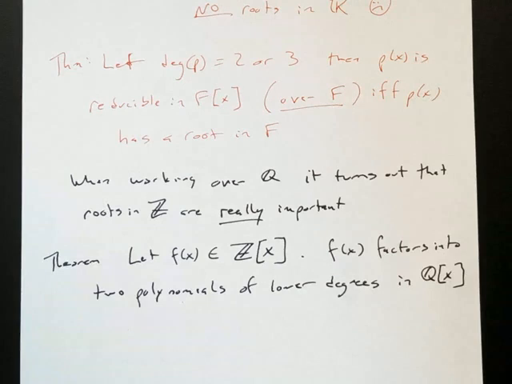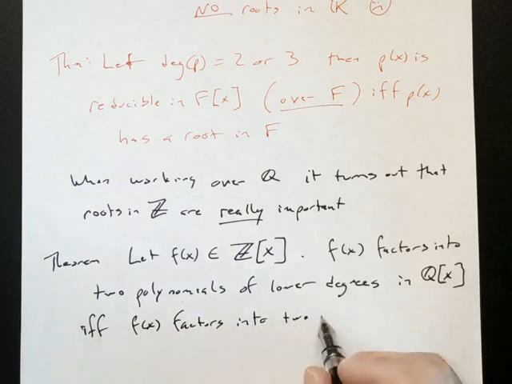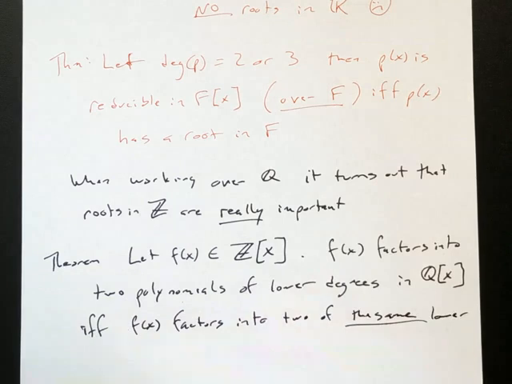It turns out f(x) factors into two polynomials of lower degree in Q[x] if and only if f(x) factors into two polynomials of the same lower degrees over the integers. If you want to know whether or not you can factor over the rational numbers, you only have to try and factor in the integers, as long as your coefficients were integers to begin with.